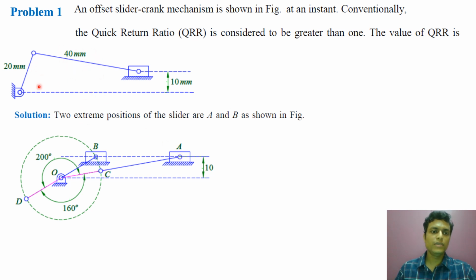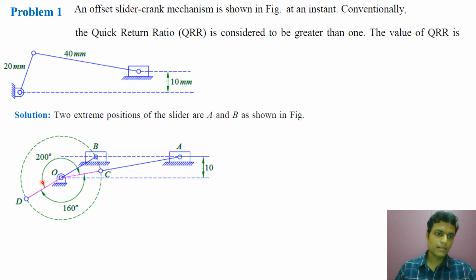What is the minimum distance from O? From O to the center of this slider, that is 40 minus 20, which is 20. So B lies on the circle generated by this point on the crank. So this is the leftmost position and this is the rightmost position.